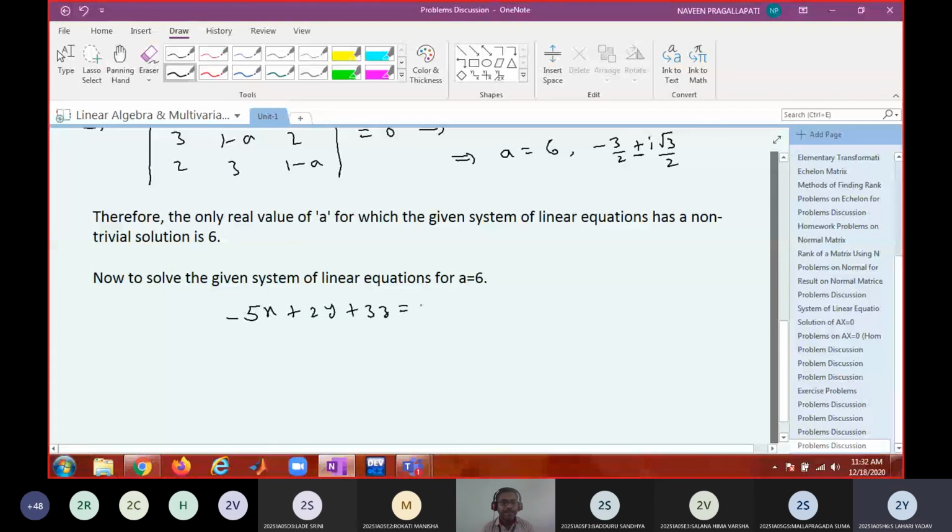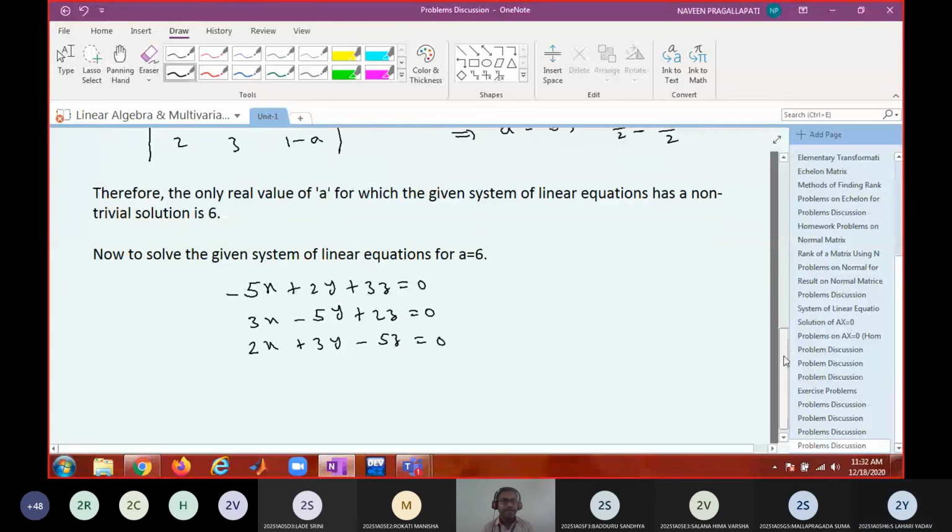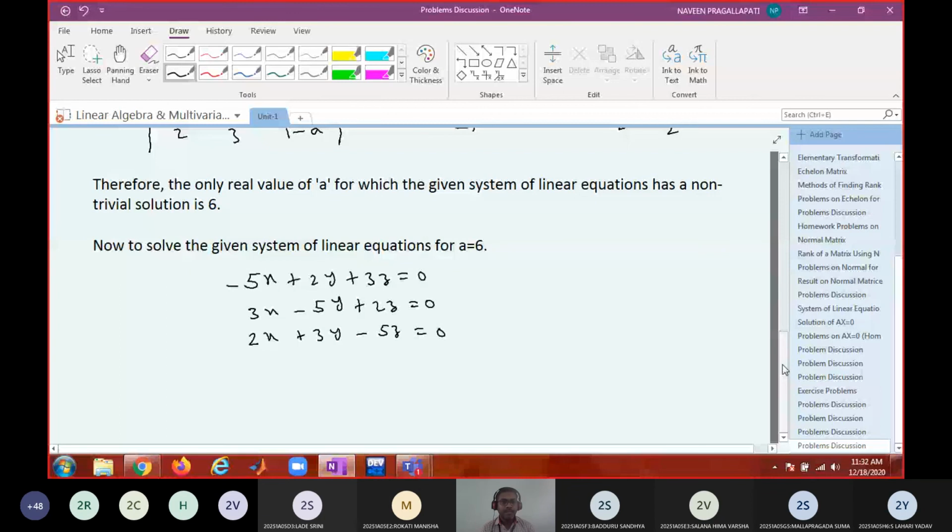Next equation, 3x minus 5y plus 2z is equal to 0. Last equation, 2x plus 3y minus 5z is equal to 0. So can you complete the problem? Yes, sir. Take it as an exercise.